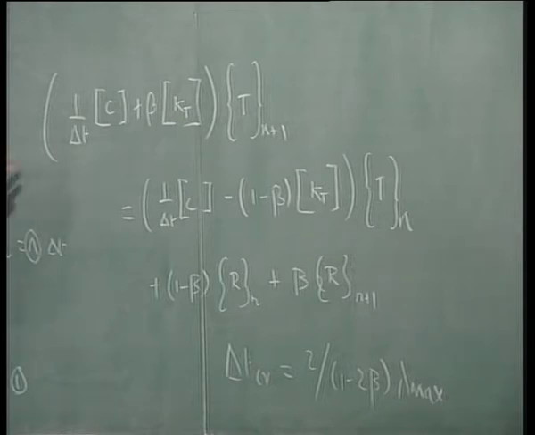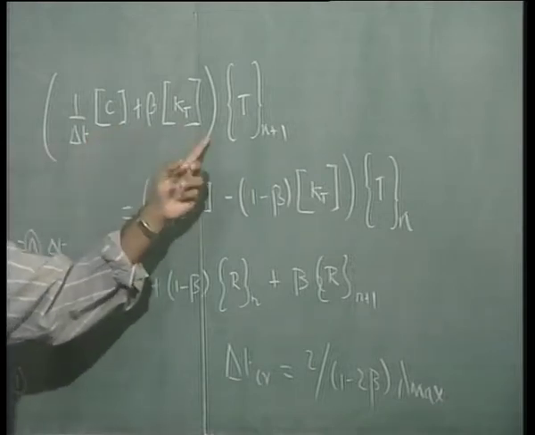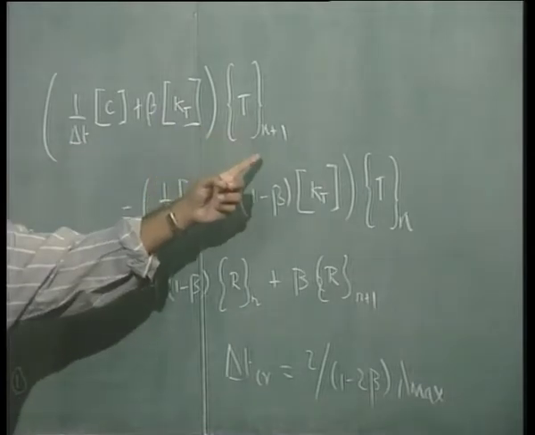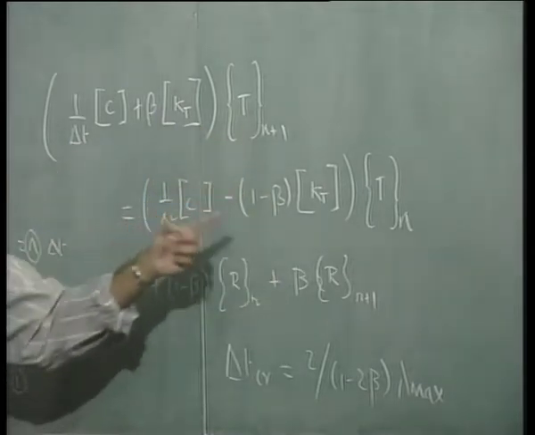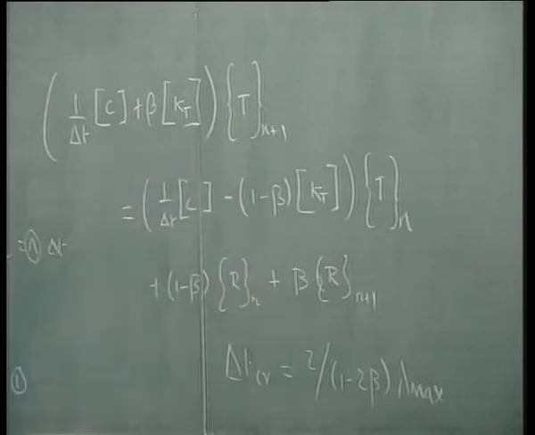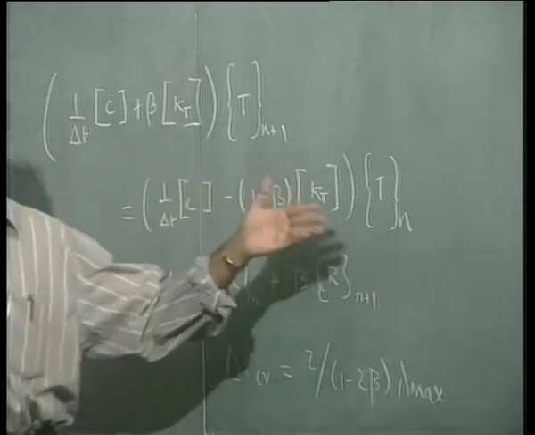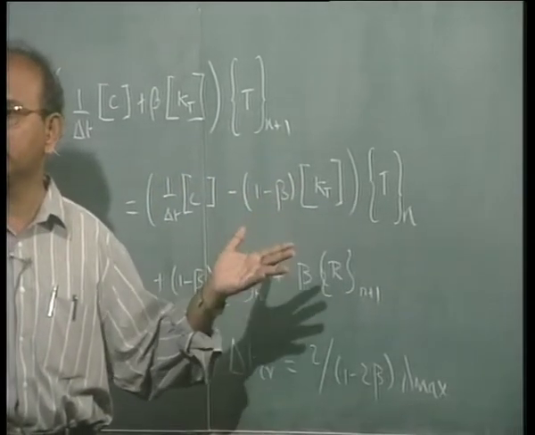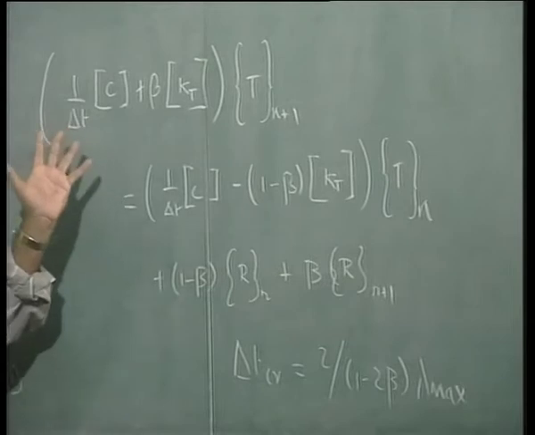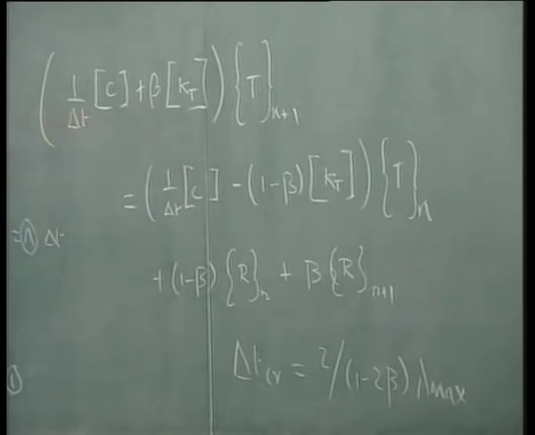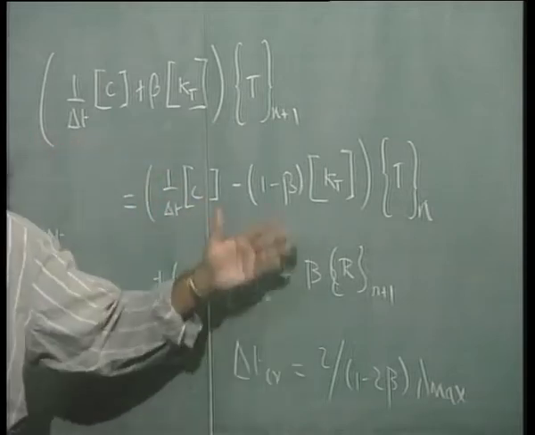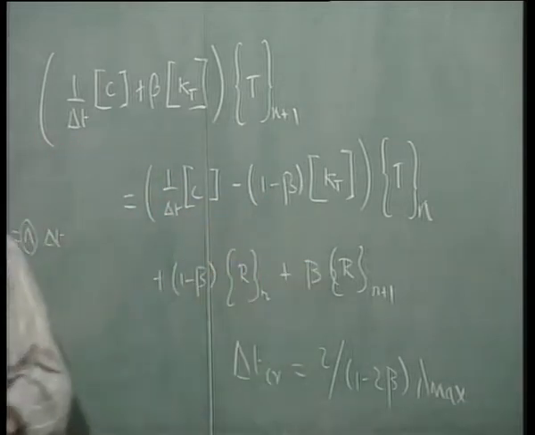Knowing this part of the left hand side, the unknown is T n plus 1, and the right hand side quantities are already known to me, right. So, it is exactly like my very first equation in finite element, k d or k u is equal to r. It is very similar to that. Now, k is a combination of C and my thermal k, and the rest of it are quantities which I know how to calculate.